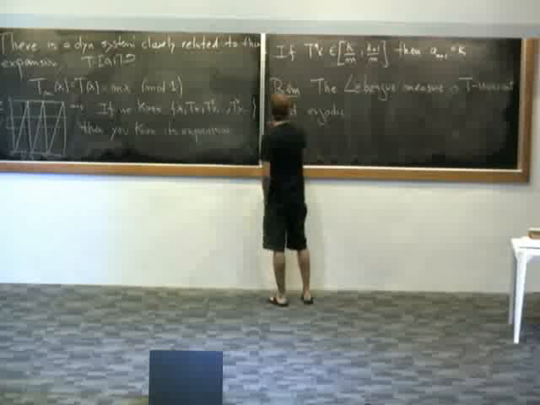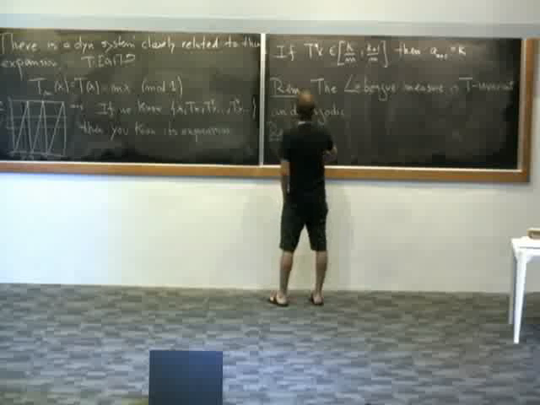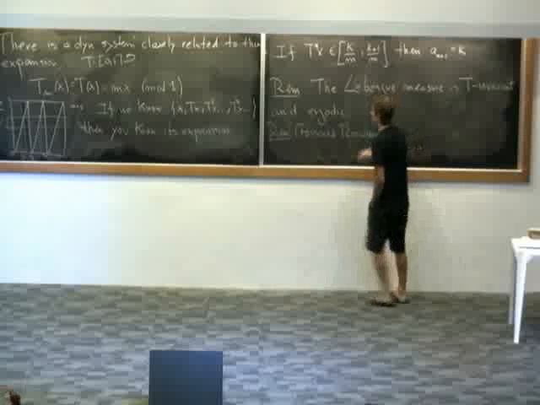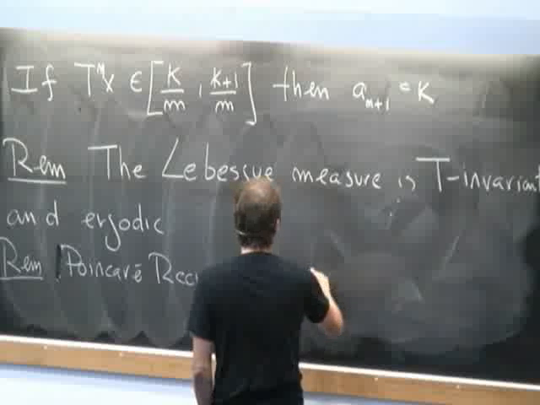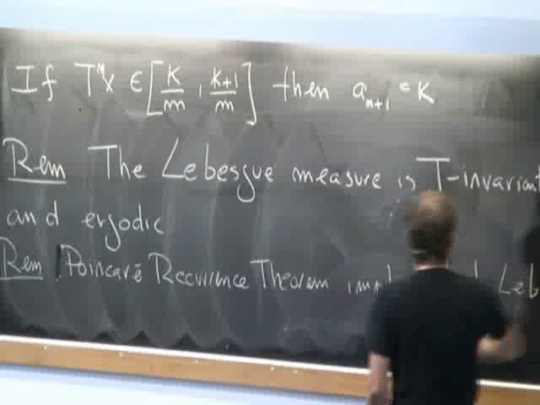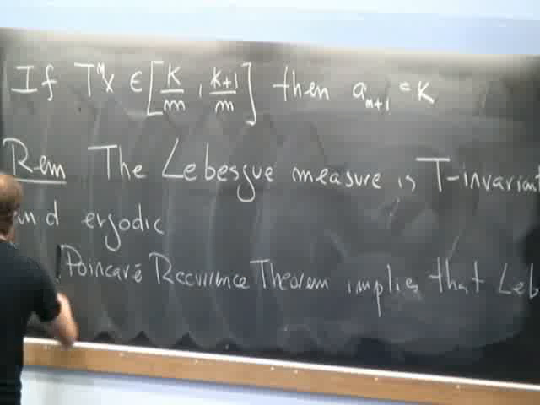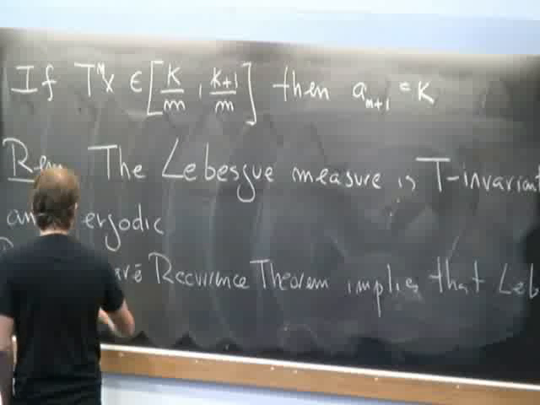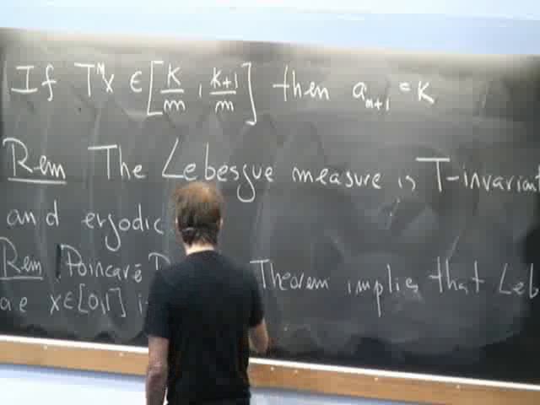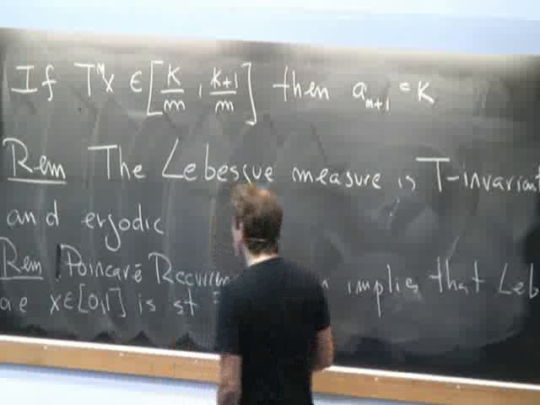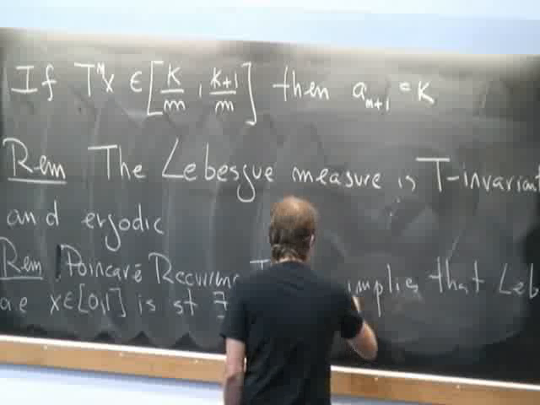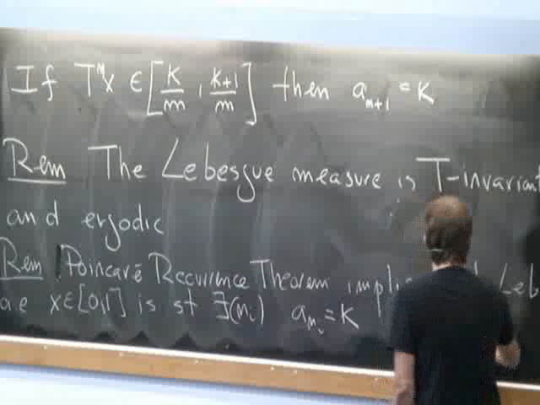So, remark, the Poincaré recurrence theorem implies that Lebesgue almost every x in the interval is such that there exists a sequence for which the n-th digit is equal to k, where k was fixed before.